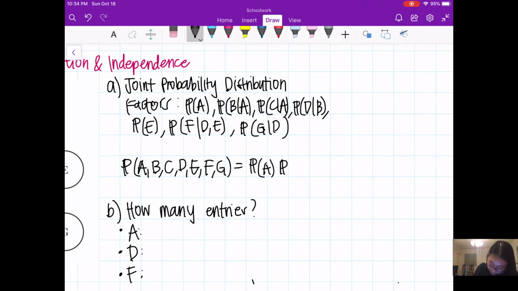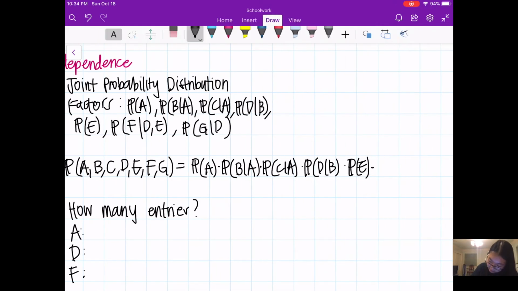So probability of A, times B given A, times C given A, times D given B. I don't know why I suddenly wrote an F, but probability of E, and then probability of F given D, E, times probability of G given D. Cool.